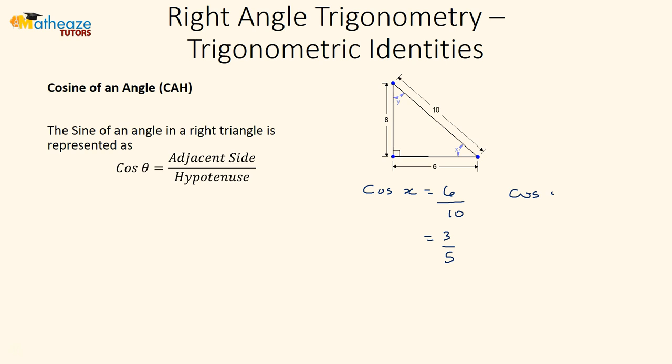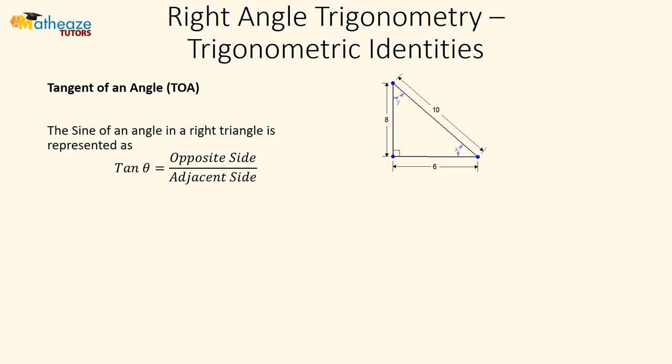The cosine of Y is adjacent. Remember, the adjacent side is the side that forms that angle with the hypotenuse. So that's going to give 8, and the hypotenuse is 10, which is going to give you 4/5.